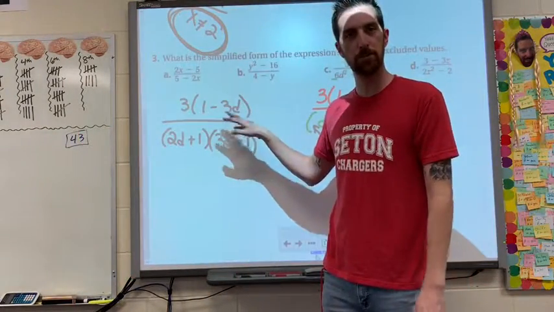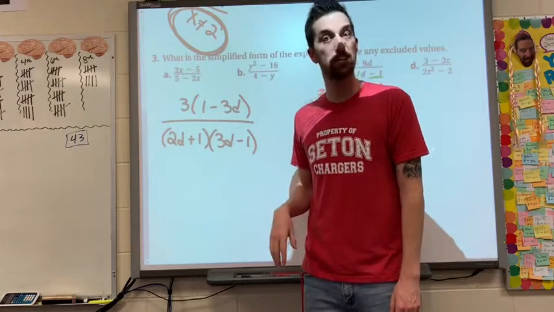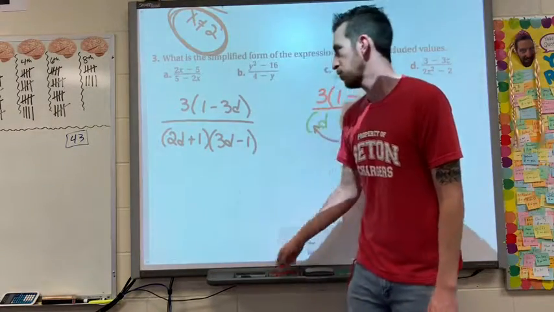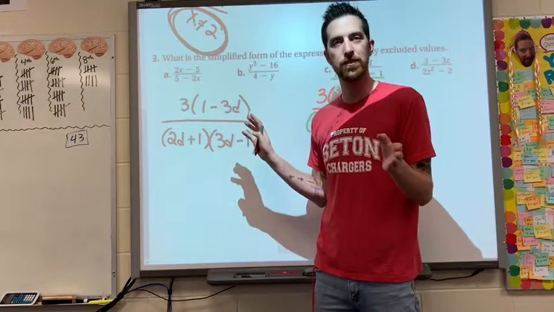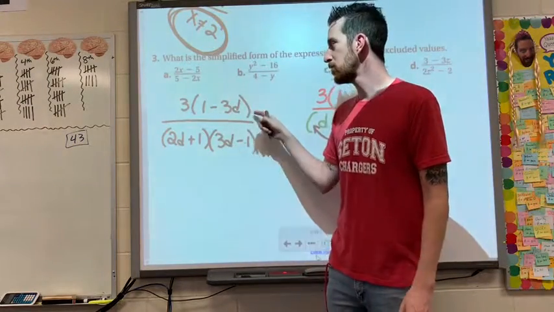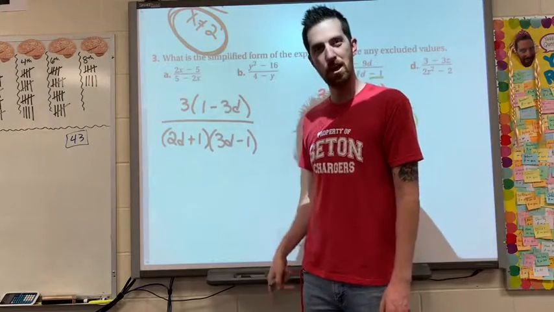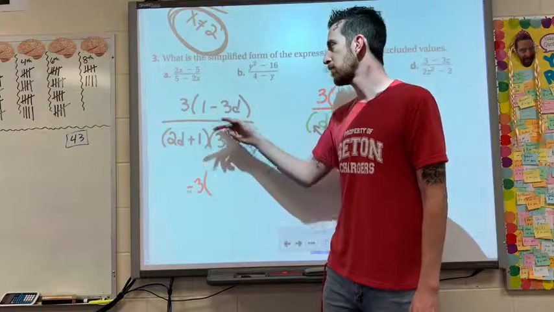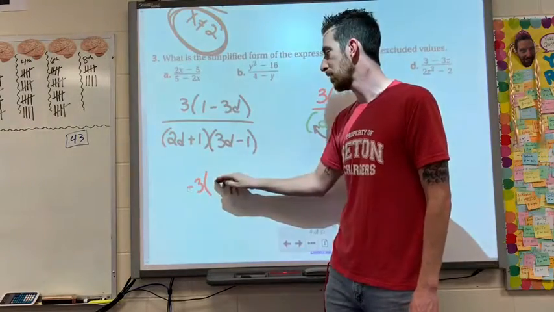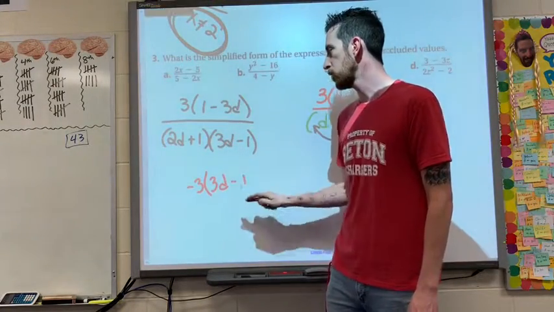They look very similar. They're like close cousins, okay? But they flip the order on the subtraction. All we got to do to fix that is kick out a negative 1. So I'm going to make this 3 negative 3. And then I'm able to flip this 1 minus 3d and make it 3d minus 1.